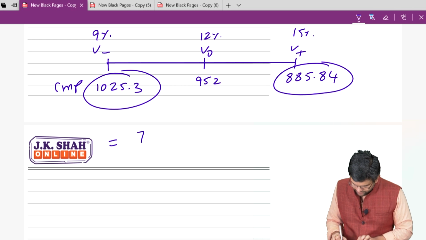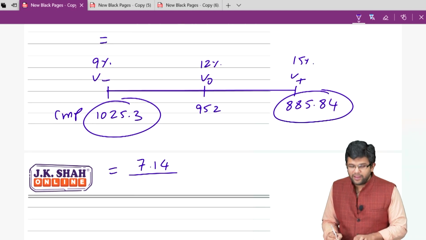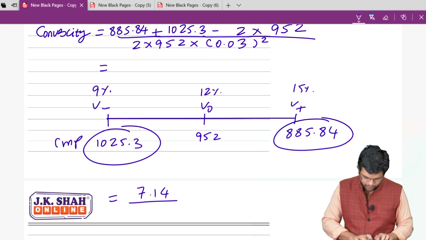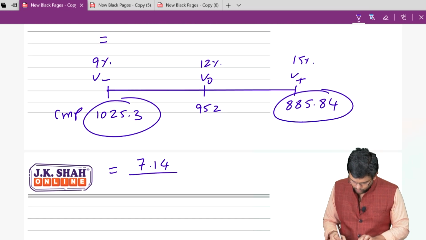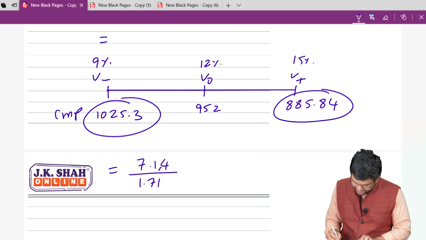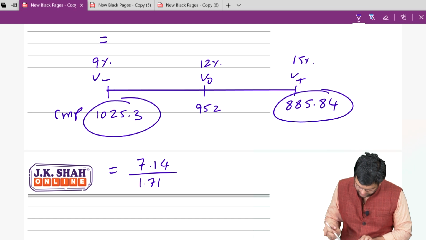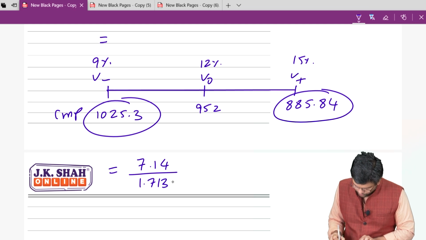This comes to 7.14 in the numerator, and in the denominator, children, we have 0.03 into 0.03 into 952 into 2. This is 1.7136.